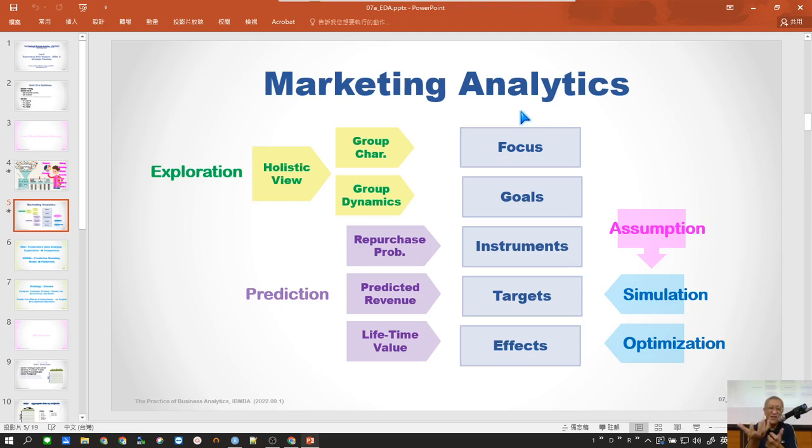Or I should say it the other way: you are using the result of your analysis to formulate your strategy, okay? And that is what we are going to do in our midterm. We have learned a lot of data analysis techniques.